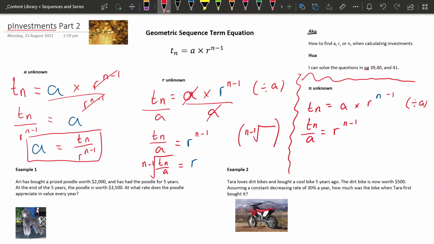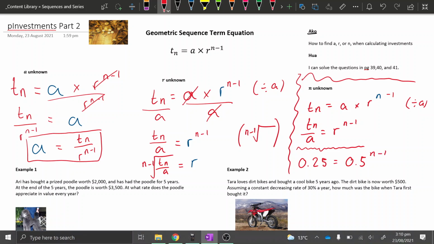And the thing is, we will know what R is. So it's a bit hard to explain, so I'll just give you an example. Let's say we get 0.25 equals 0.5 to the n minus 1.